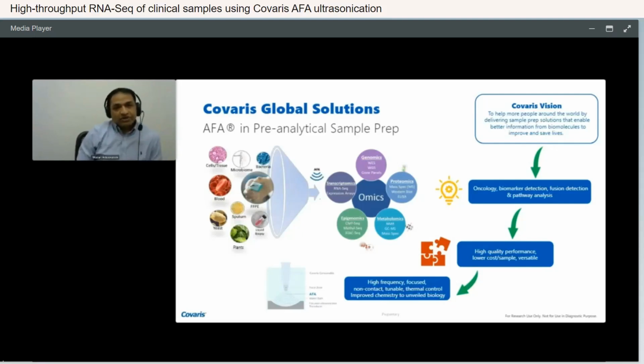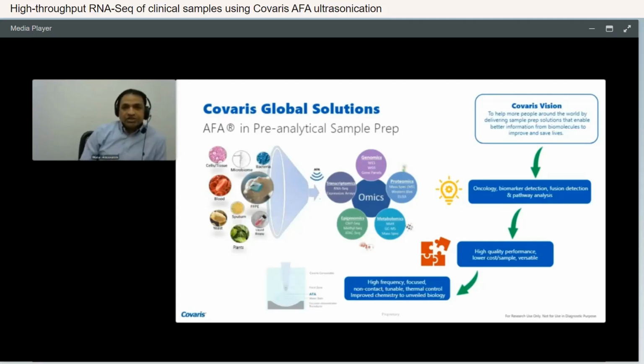It all starts with the use of the high-frequency ultrasonication AFA method for delivery of acoustic energy in a very focused manner. This is a non-contact process, thus eliminating any chance of contamination. The AFA process is extremely tunable, thus offering significant operational flexibility.